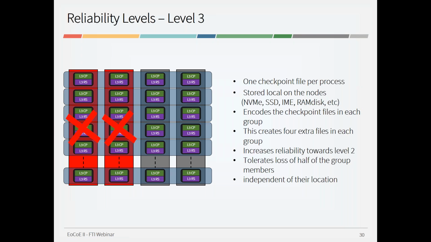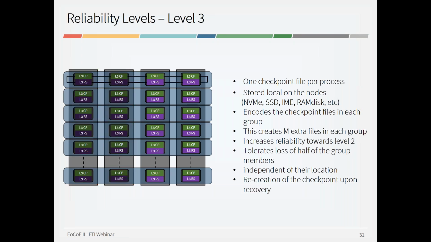This is one characteristic of Reed-Solomon encoding: you can lose half of the group members, and it doesn't matter which. So as long as you have at least half of the group members left after the failure, you are able on the restart to recreate the whole checkpoint data and recover successfully from the checkpoint.